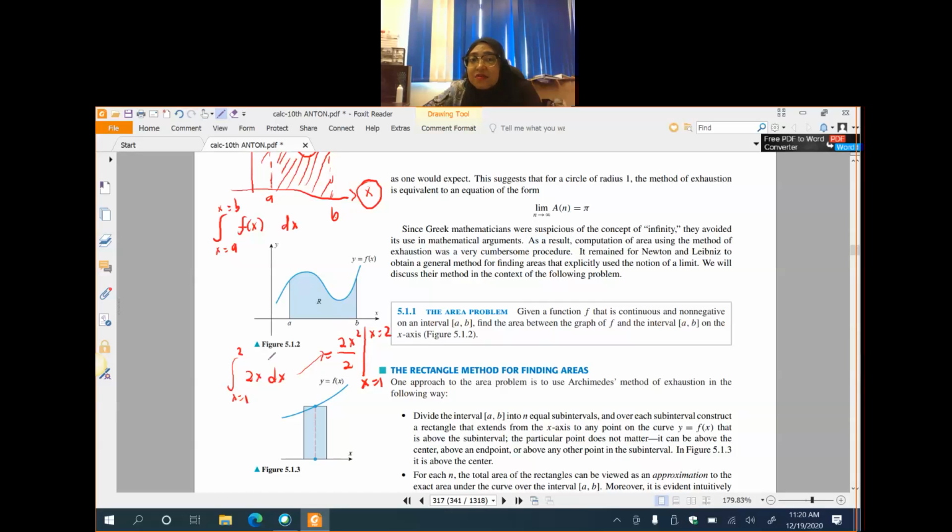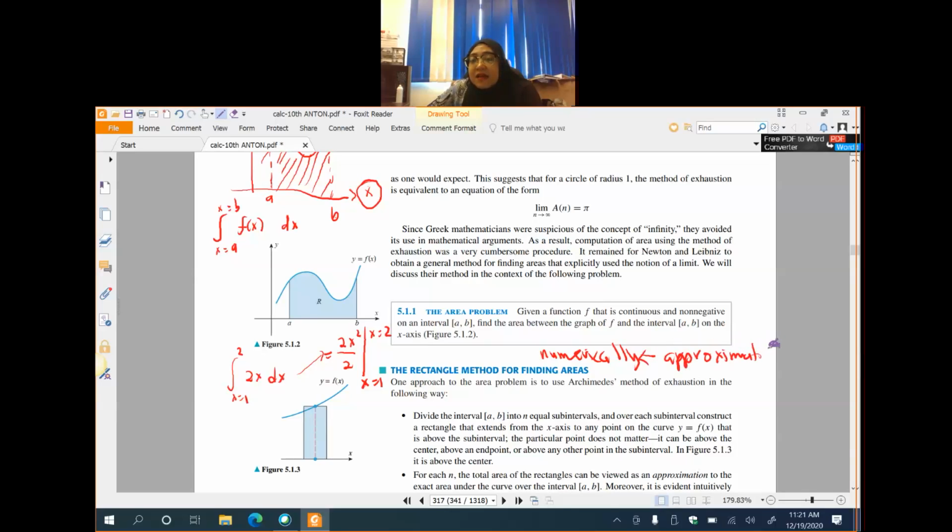But for a very complicated function, you may not be able to integrate this analytically. So what you do normally is find the area under the curve numerically. When I say numerically, it means by using approximation.